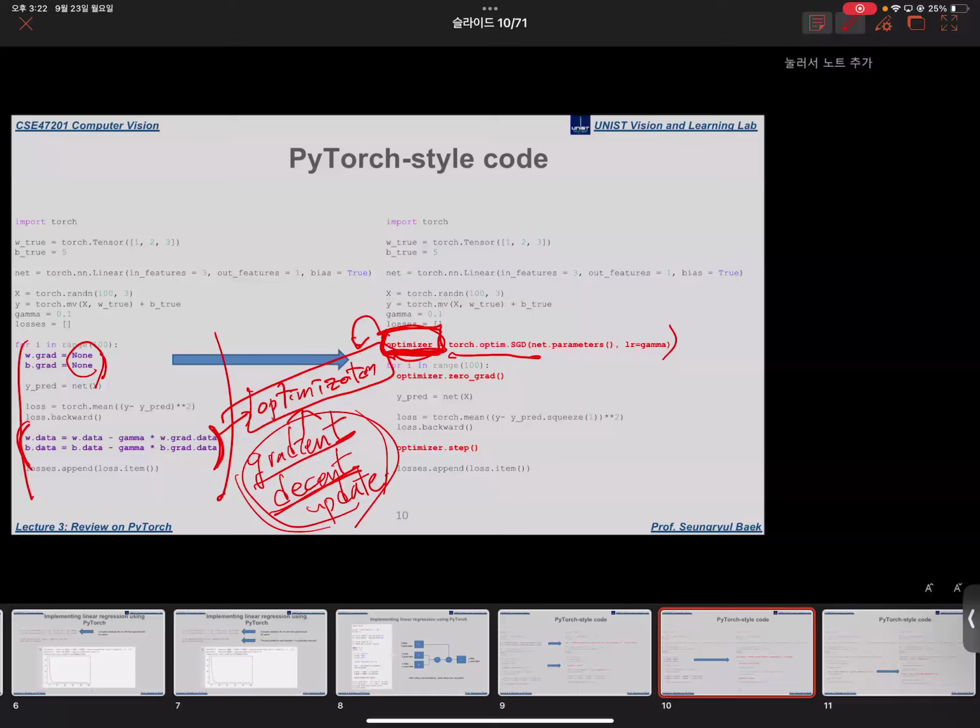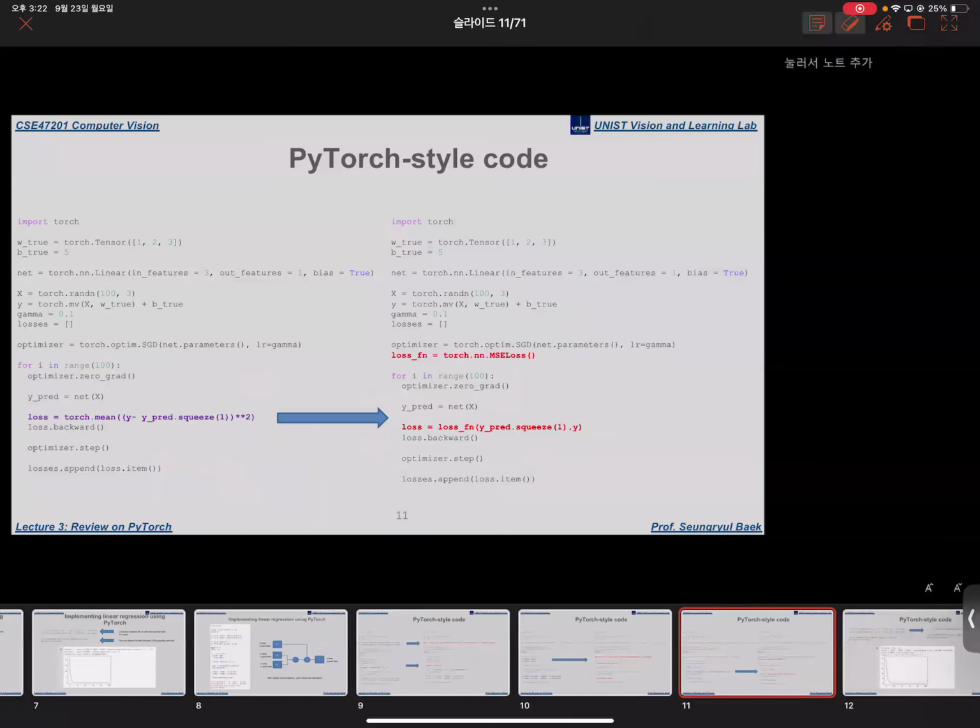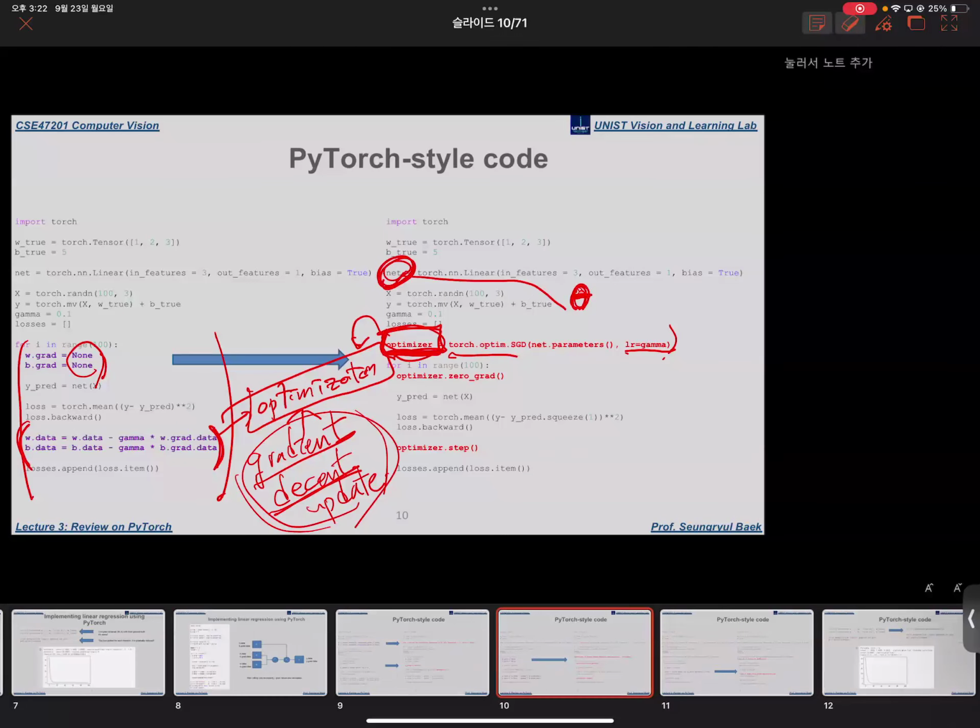And it has to know two parameters. Net dot parameters means the parameters of our defined network. By calling this, the list of learnable parameters is returned. So the optimizer has to have the list of the parameters which will be updated. This is the first argument. Are you guys understanding this?